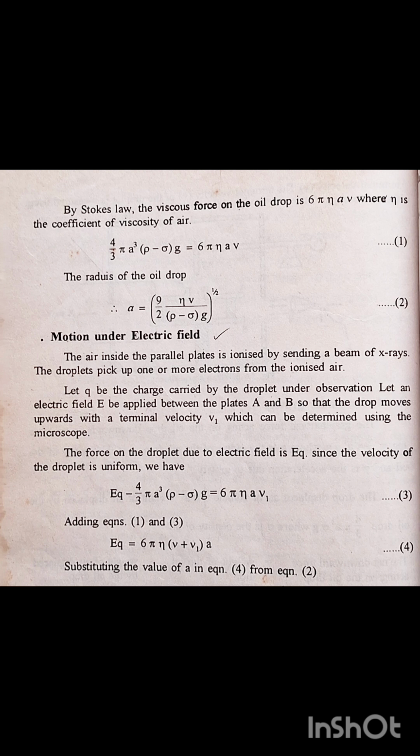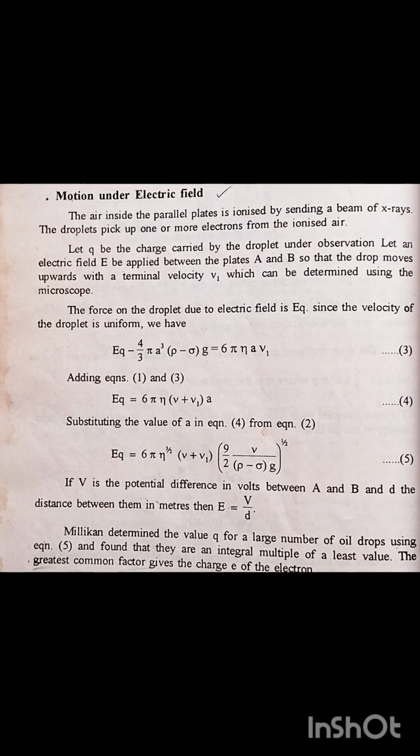Equation 4. Substituting the value of a in equation 4 from equation 2, QE equal to 6 pi eta to the power 1/2 into (v plus v1) into 9 divided by 2 into v divided by (rho minus sigma) g, the whole power 1/2. Equation 5.